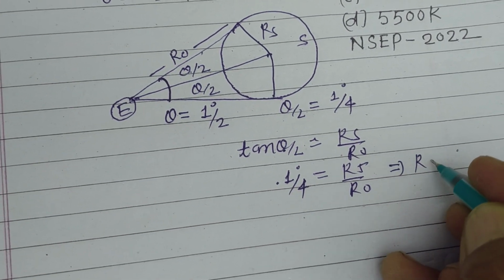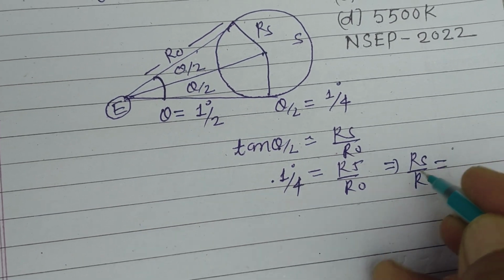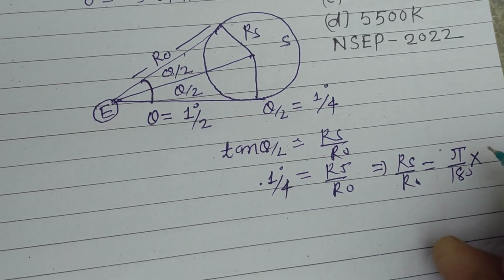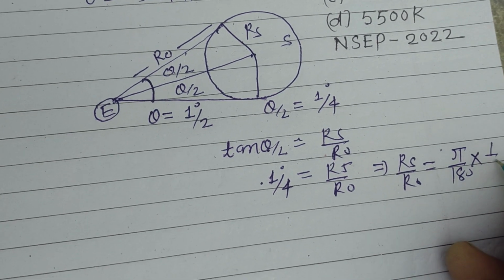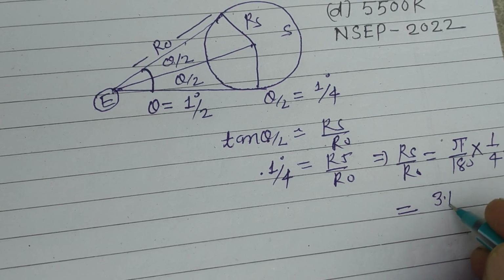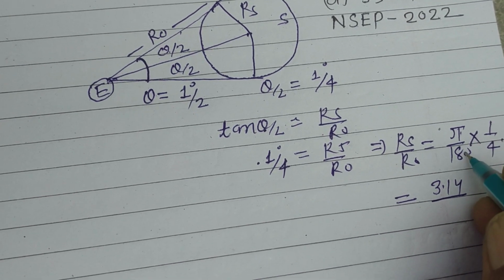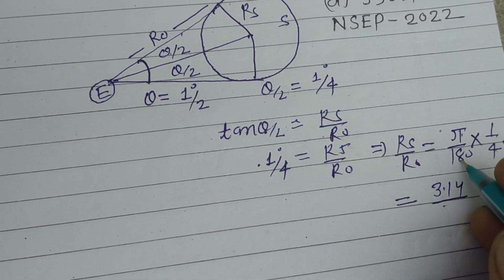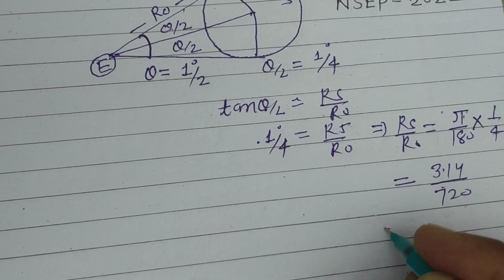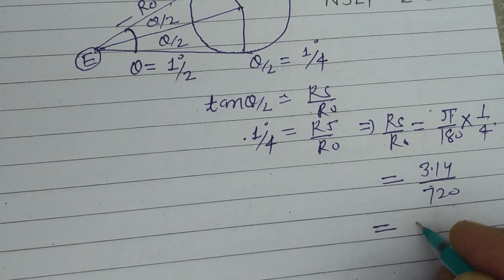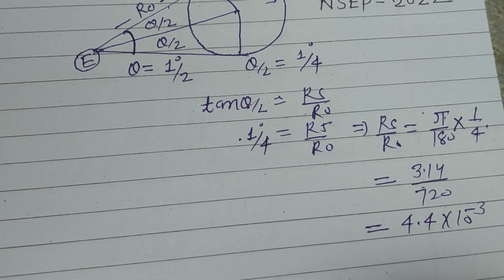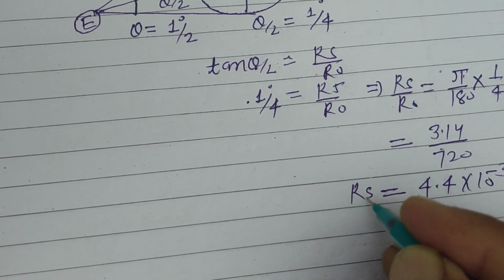This can be changed: 1 degree we write as pi upon 180, so pi upon 180 into 1 by 4. So pi is 3.14 and 180 into 4 is 720. On solving this, we got 4.4 into 10 to the power minus 3. So this is Rs upon R0.